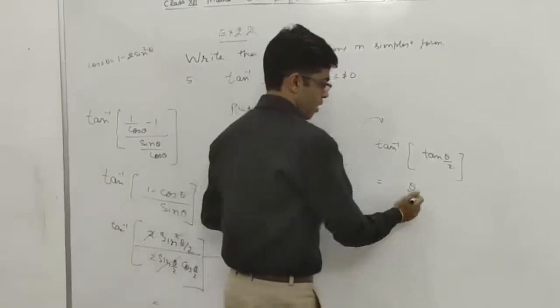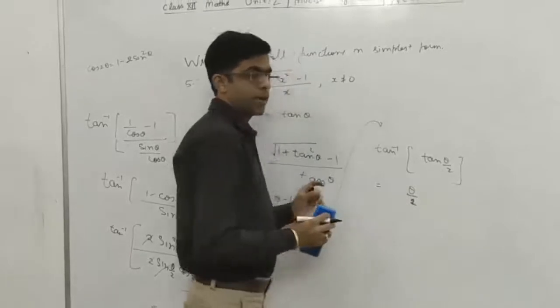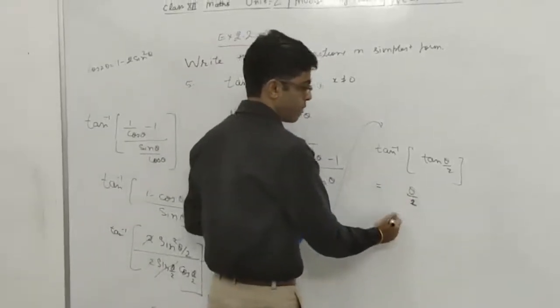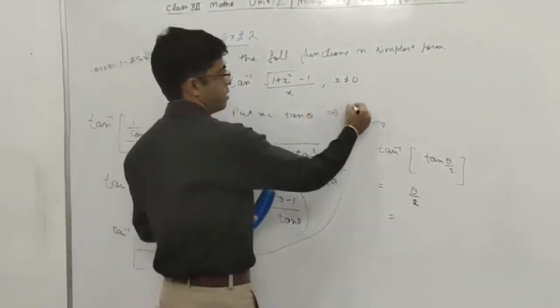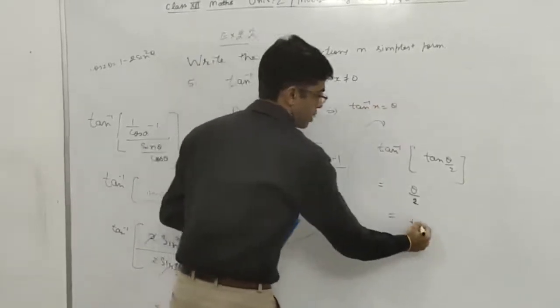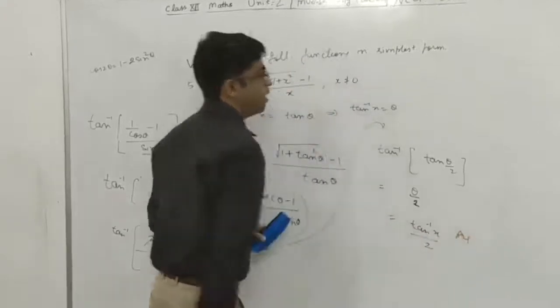So even if you are not showing it, your answer is treated as correct. So theta upon 2, where theta is tan inverse x, so we can put tan inverse x upon 2. So this is the simplified form.